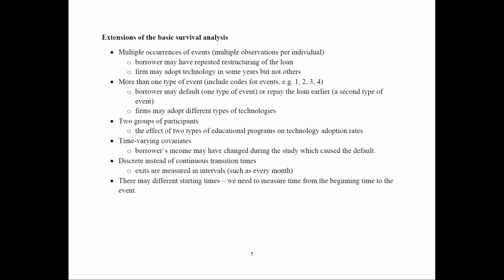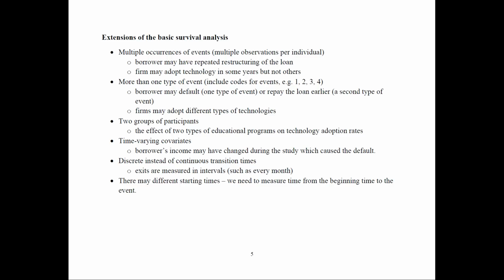Or firms may adopt different types of technologies, and in this case again we could have multiple events. Another interesting thing that could happen is we may have two groups of participants. So for example, we may subject groups to different types of educational programs, and then we can see how those educational programs have affected the adoption of technology.